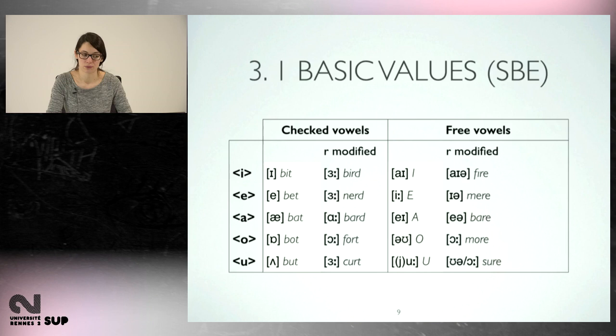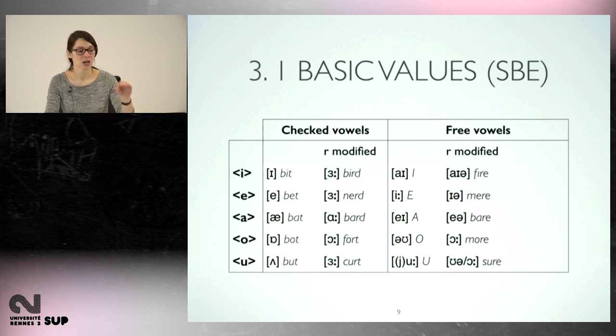That's what you have in fire. For E, you have ia in Mia. For A, you have e as in bear. For O, you have o as in more. And for U, you have ua or o as in sure.